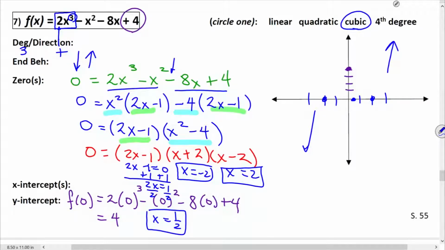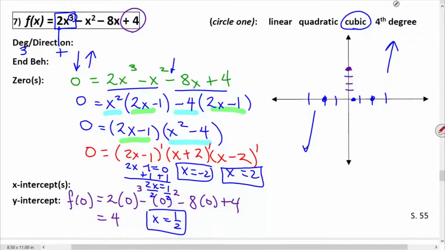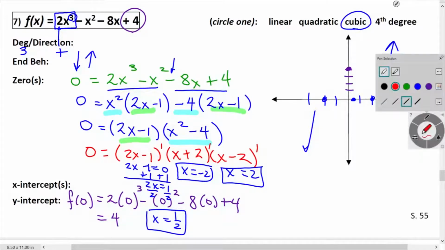Now notice that each of these has a multiplicity of 1, so it's going to cross the x-axis at each of those. I need to make sure I have a path that agrees with all the things I've done so far.